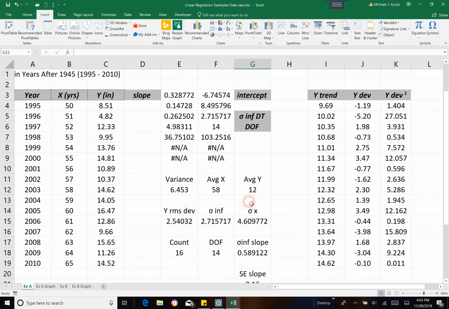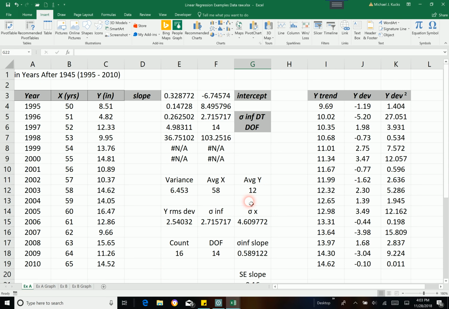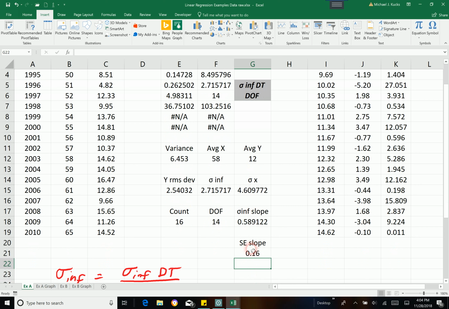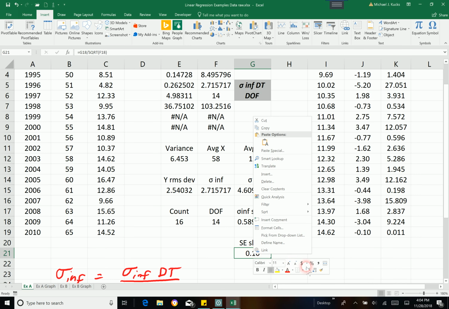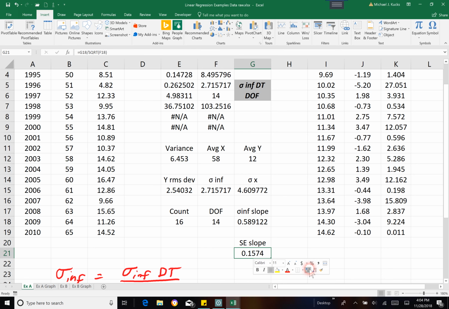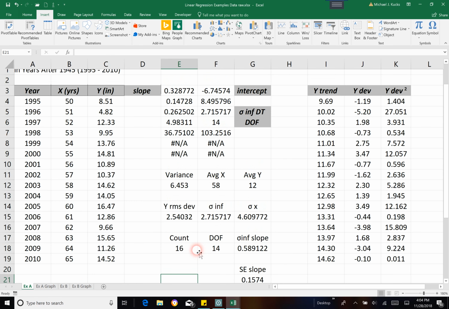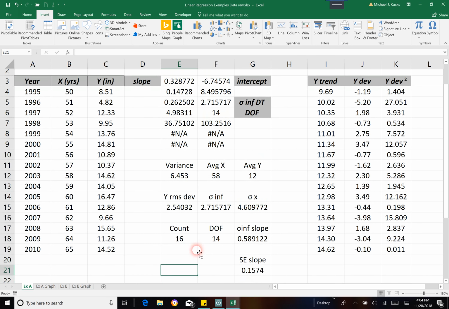Now we get this 0.16 number. Let's make this a little bit bigger. 57, 147.